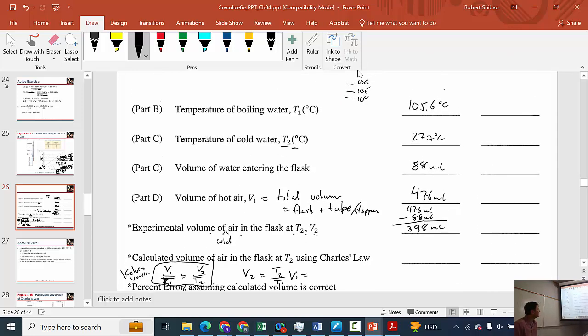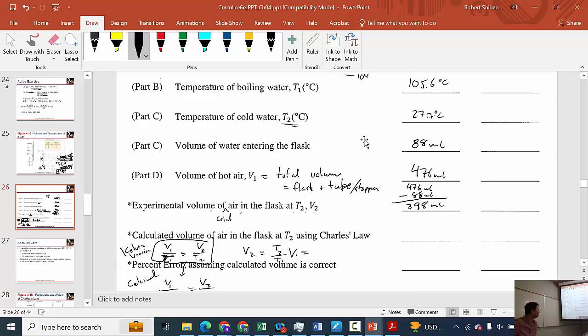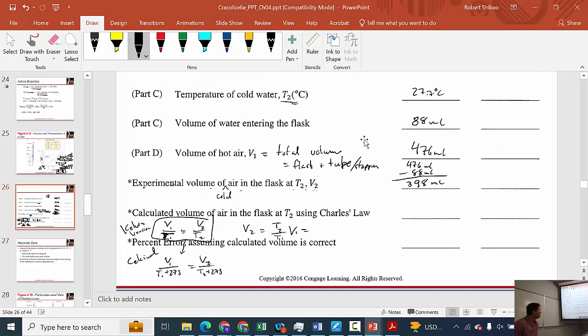To convert our temperatures to Kelvin, we'll do it down here. T2 is the cold temperature. So this is going to be 27.7 plus 273. I'm going to be a little bit more precise here: 273.15.